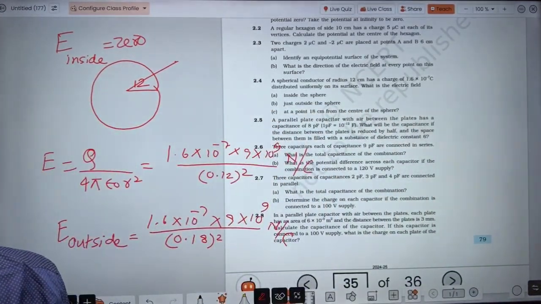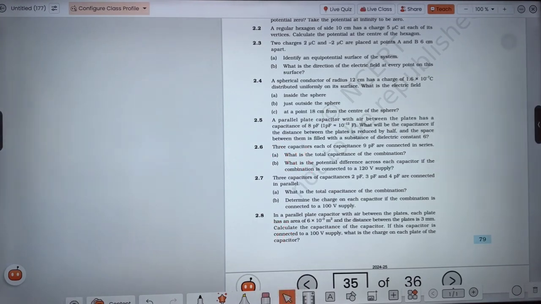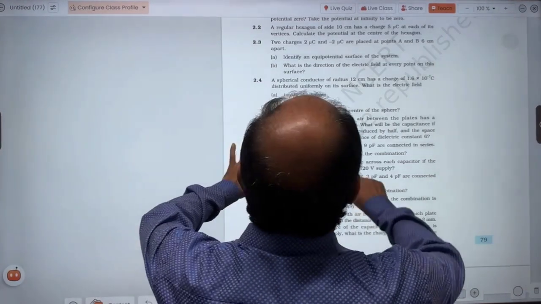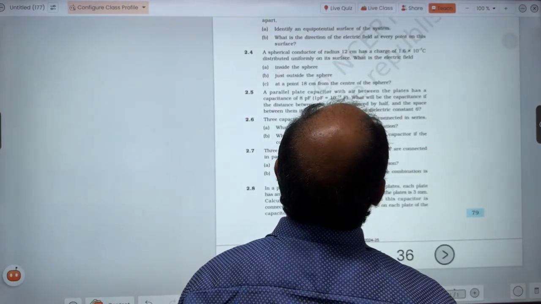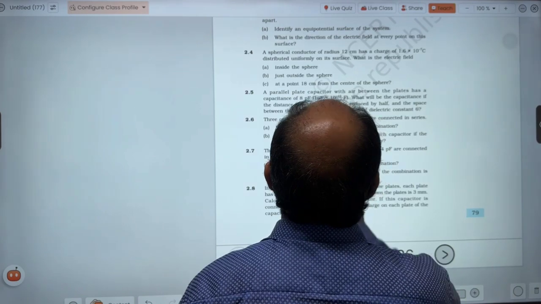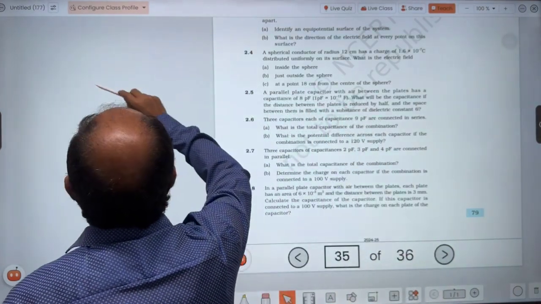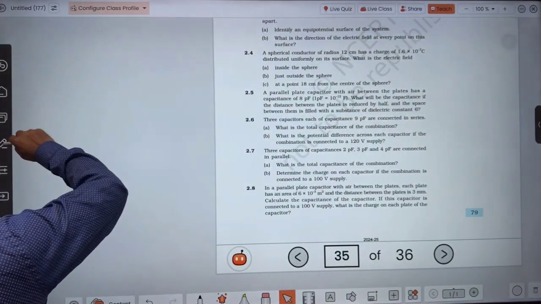It means C equal to epsilon naught A upon d is given as 8 into 10 to the power minus 12 farad. Now, what will be the capacitance if the distance between the plates is reduced by half and the space between them is filled with a substance of dielectric constant K? If you remember, if we put a dielectric, then C dash becomes K epsilon naught A upon d.